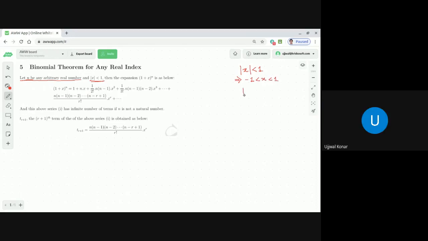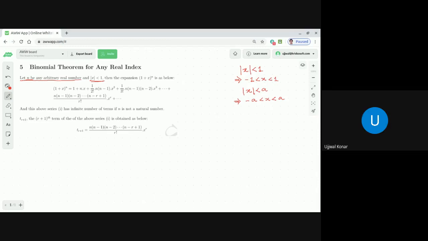And in general, mod x less than a implies -a less than x less than a. You may take some time to get comfortable with modulus, but you are comfortable with inequalities because you have done them in previous years, right? That's what I wanted to make clear. So let's come back to our topic.